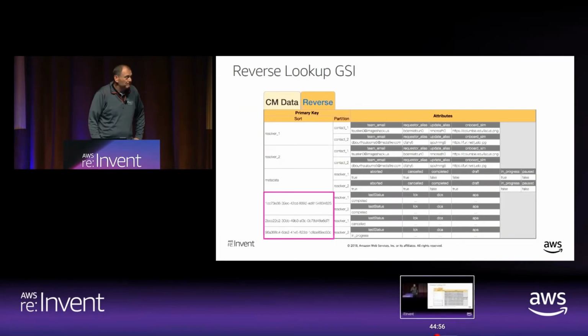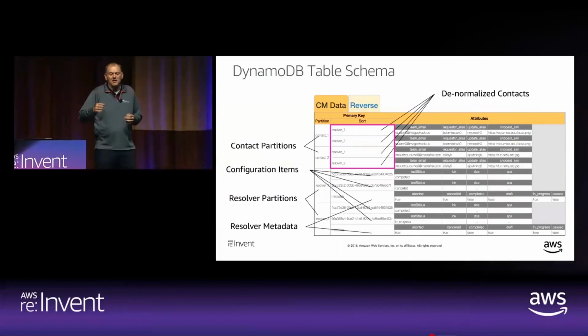Yeah, I mean, you're right. Wouldn't this hit a scale issue? So that was the reverse lookup. So maybe that's different. Well, no, because the partition in effect in this case is like a table name, right? It's a composite key, but things are broken out by the partition key, like contact 1, contact 2.